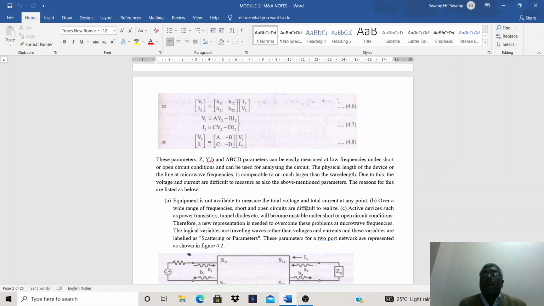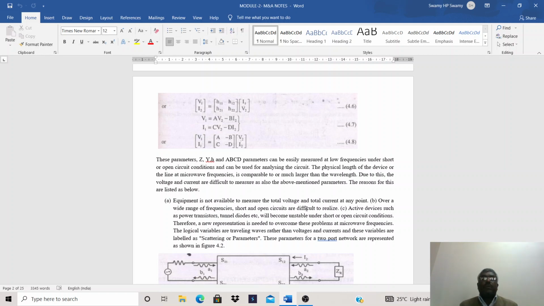Another reason is that active devices such as power transistors, tunnel diodes, etc. will become unstable under short and open circuit conditions. Therefore, a new representation is needed to overcome these problems at microwave frequencies.